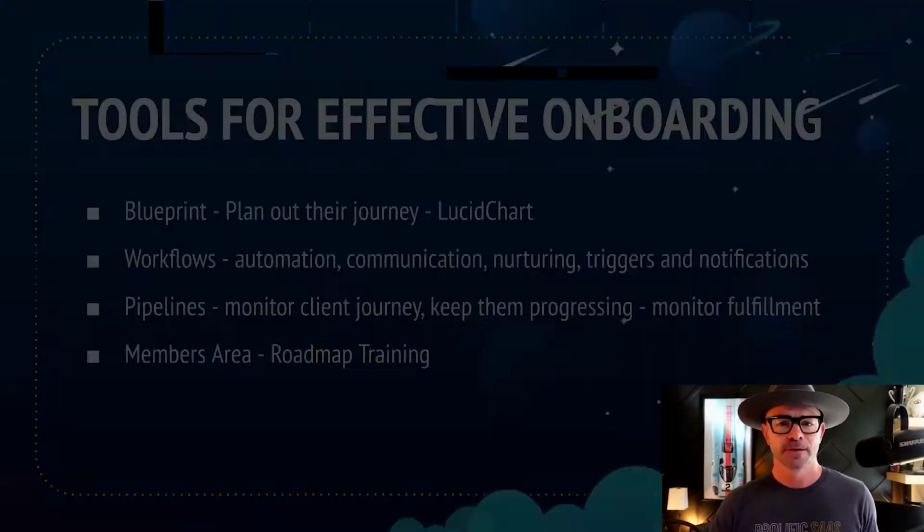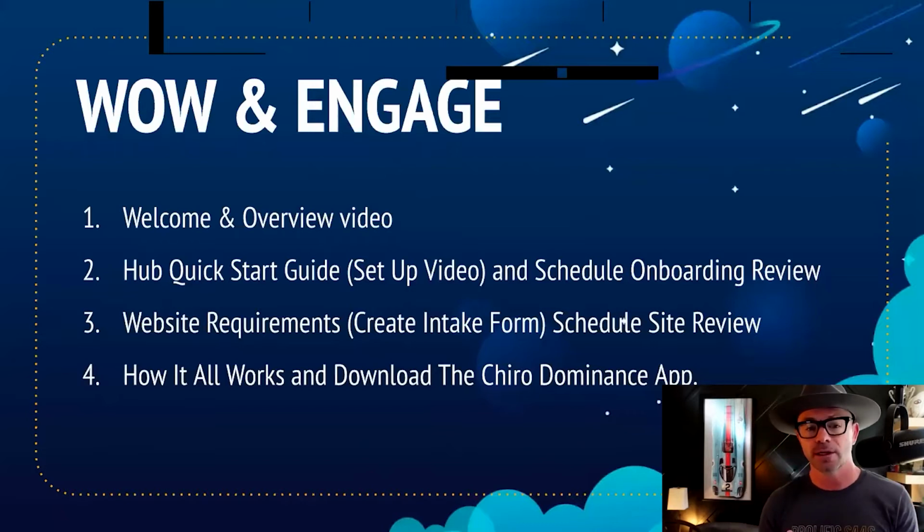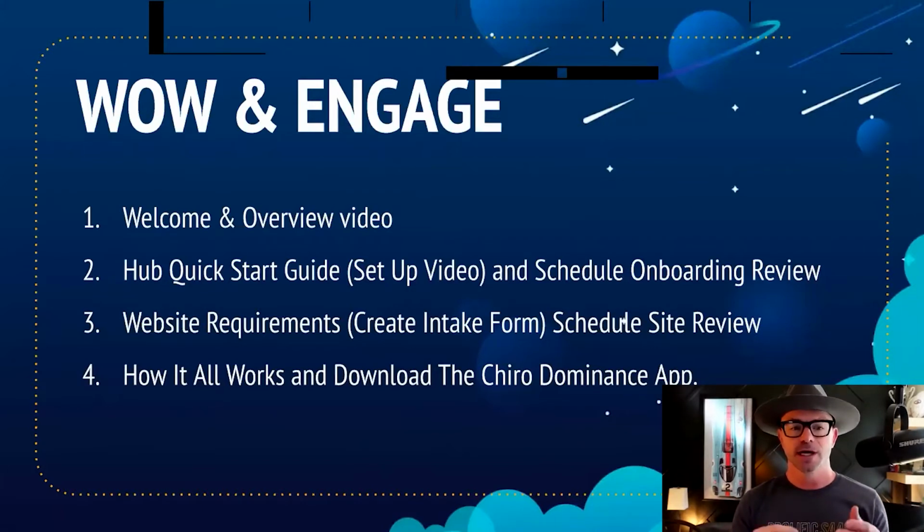Here we go. So we want to wow and engage them right from the start. I'm going to cover 4 things here. We're going to cover how we welcome them in and create an overview video for them, several videos actually. I'm going to show you how we get them engaged in a hub quick start guide.